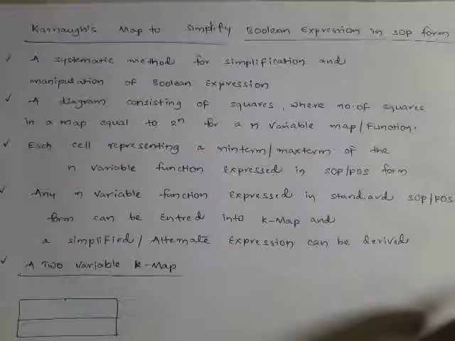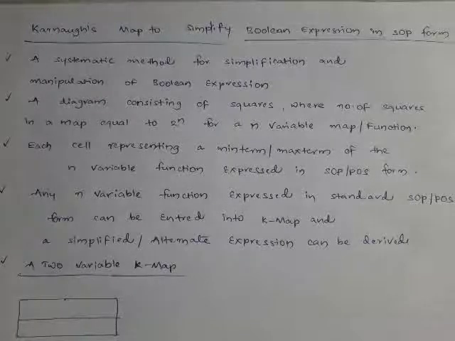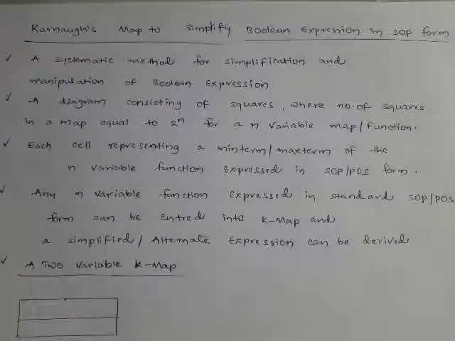But to use the Karnaugh map method, we require the Boolean expression to be given in the standard sum of products form or in the standard product of sums form. Even if the expression is not given as standard sum of products, we first have to convert it to standard sum of products form or standard product of sums form.